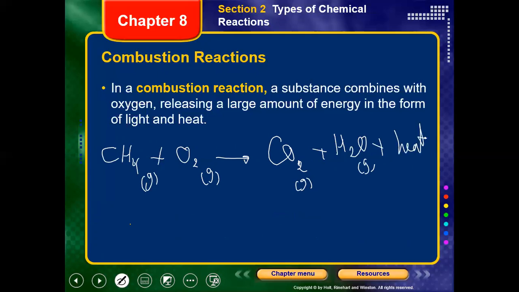You have to balance the chemical equation, multiply by 2 this side, 2 oxygen, and multiply by 2 this side. Okay? Always the same products. That's it for chapter 8, lesson 2, types of chemical reactions.